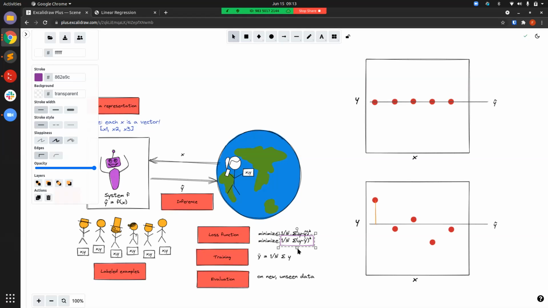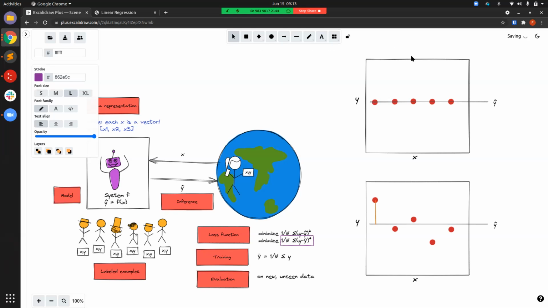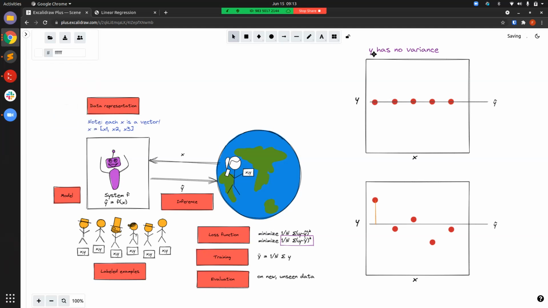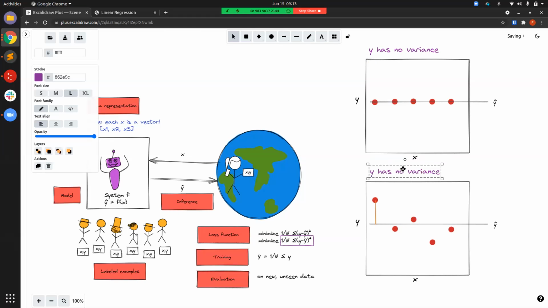And here our loss function is exactly identical to the definition of variance. Right? So as Greg points out in the chat window here, in the first example, y has no variance. And in the second example, y has variance around its mean.